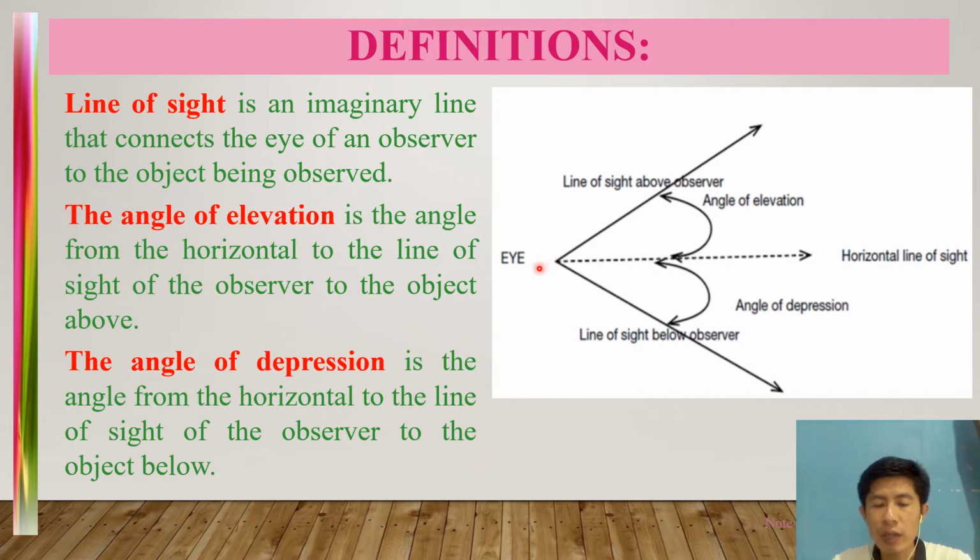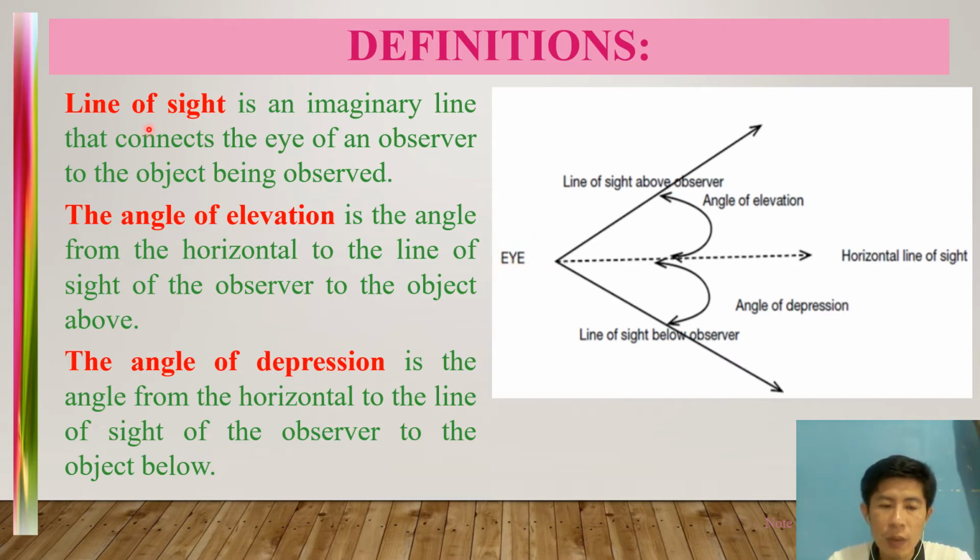And try to remember that the location of the eye is always the vertex of the angles formed. Kung napapansin nyo, meron siyang mga angles na na-form. And this is the vertex of the angle, and this is always the location of the eye of the observer.